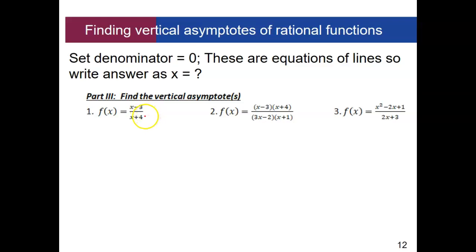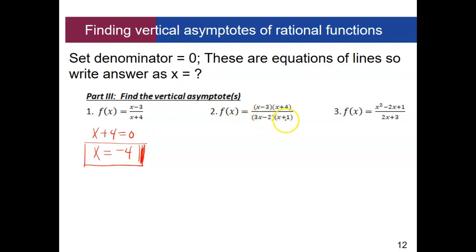So what we're going to do to find our vertical asymptote is set that denominator equal to 0. So we set the numerator equal to 0 to get our x-intercepts, and set the denominator equal to 0 to get our vertical asymptote. So this one would have a vertical asymptote at x equals -4, and this is exactly the way you need to write it.